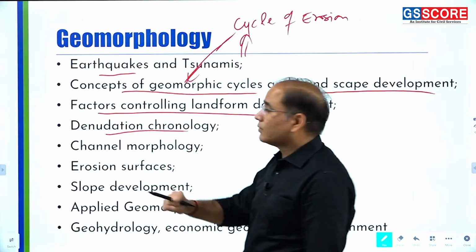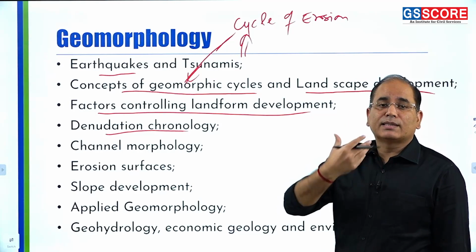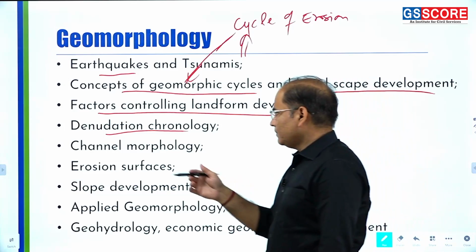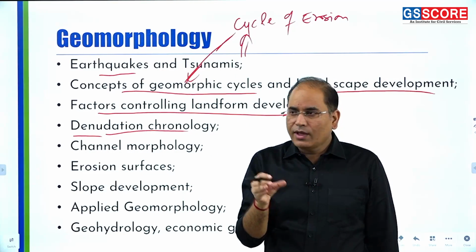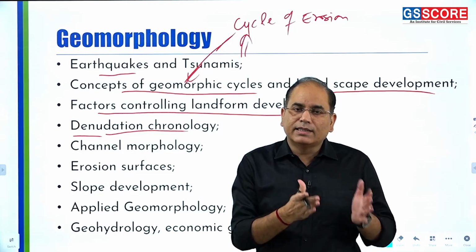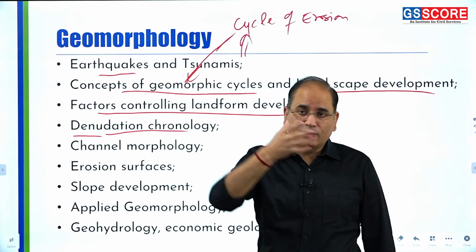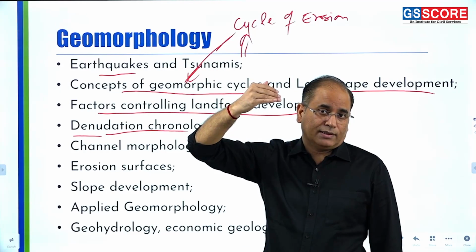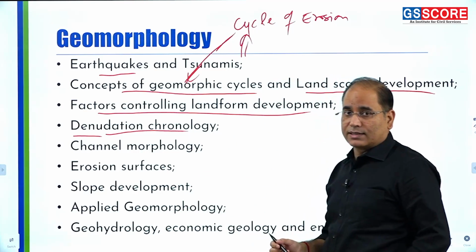In fact, this denudation chronology gives us a very great insight into some of the geological phenomena that have taken place in the past, because geological history is very old. And from the human perspective, it is very difficult to study this based on present evidences. That is why we need to look at some of the evidences that have been carried from the earlier time period. So denudation chronology helps in reconstructing the geological history of the earth.